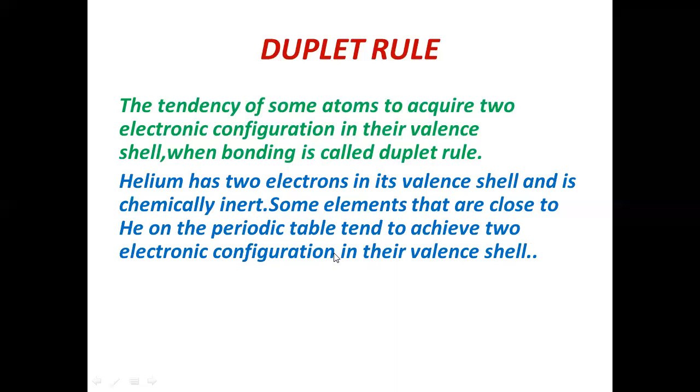Close to helium means having atomic number close to helium, like lithium with atomic number 3 and beryllium with atomic number 4, and helium 2. So 2, 3, 4 are the elements which have the closest atomic number to helium.